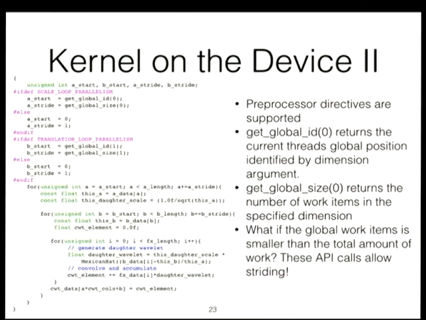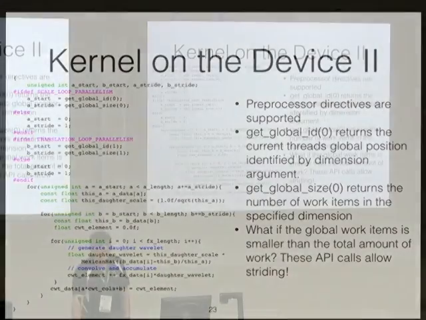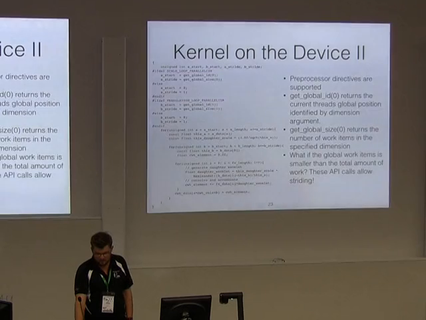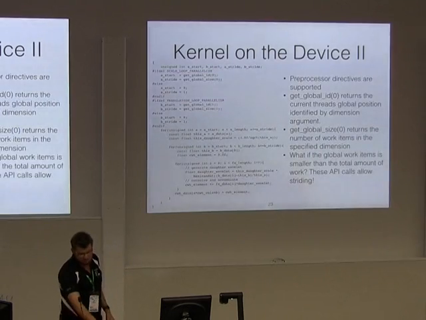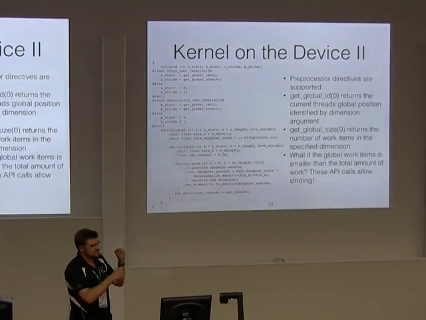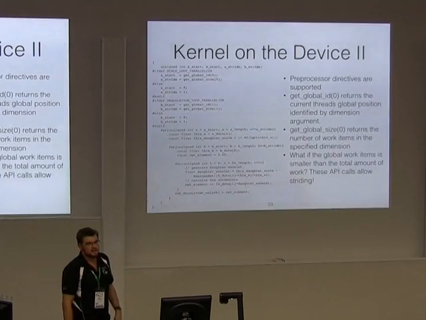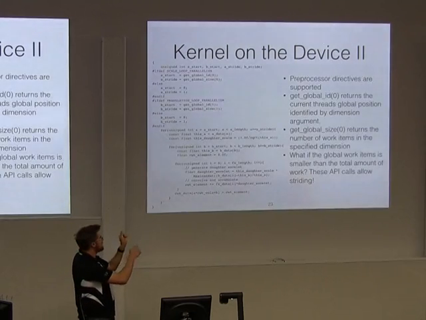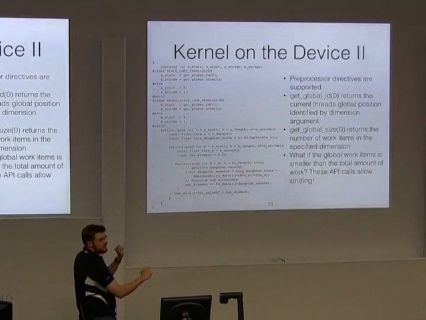There's a couple of runtime calls that the device can use in the kernel. You can get global ID, followed by a numerical argument, and the numerical argument specifies the dimension of the computation. So 0 in this case would be the x or scale dimension, and 1 is the translation dimension.